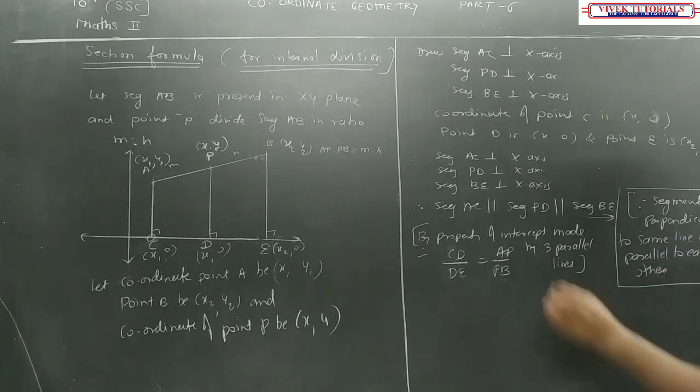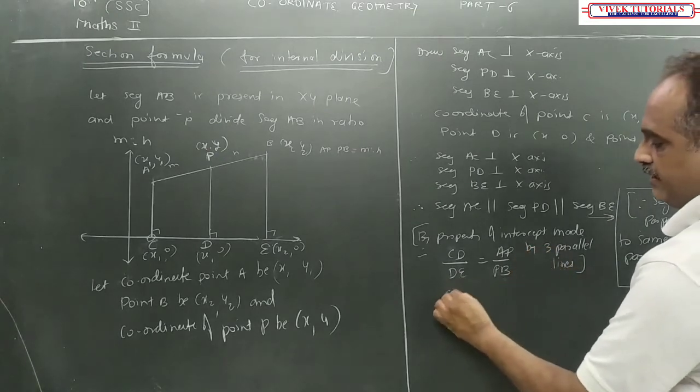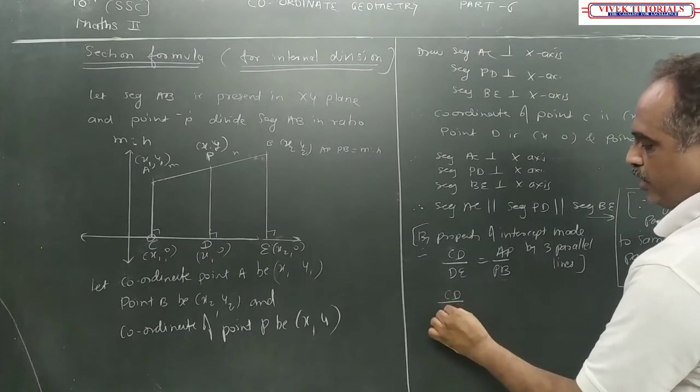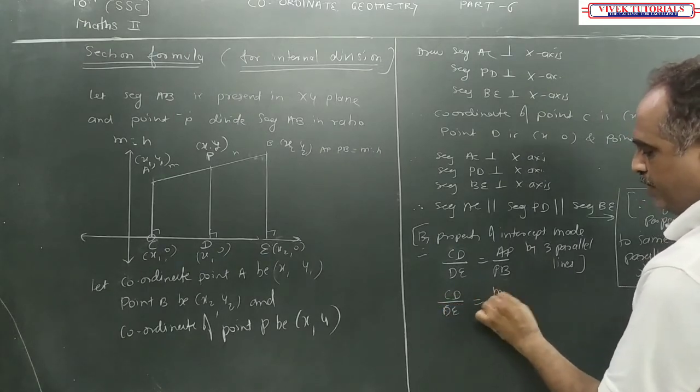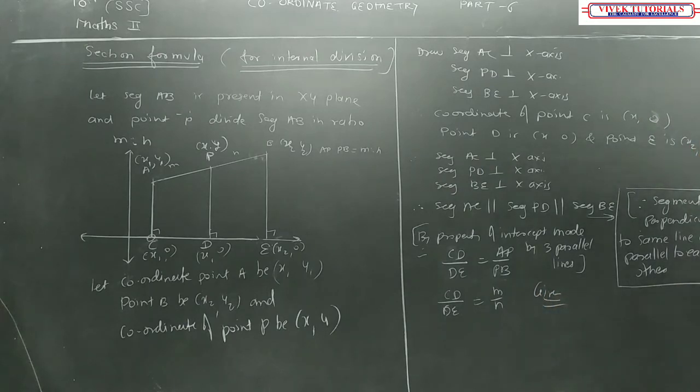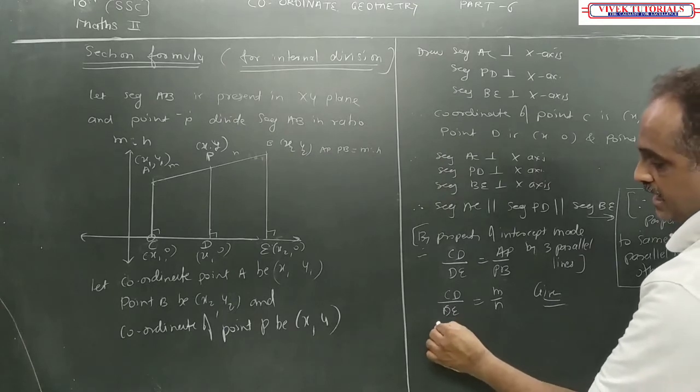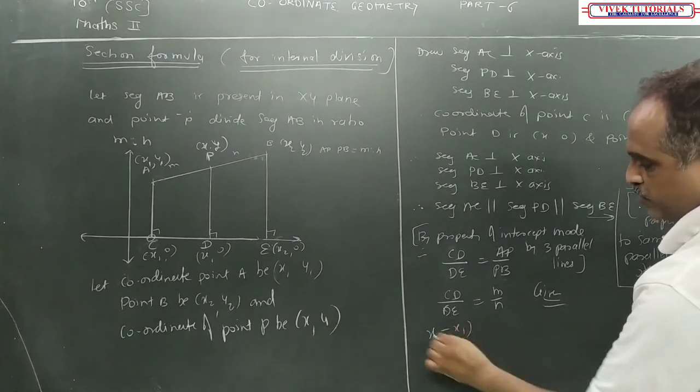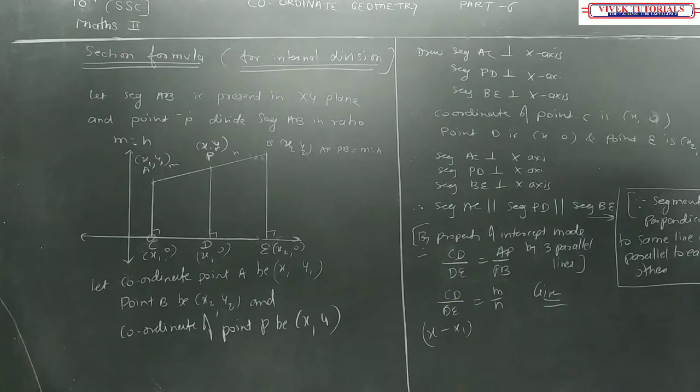So CD upon DE is equal to m upon n. This is given. Is it right? What will be CD? CD is nothing but x minus x1. Is it right?